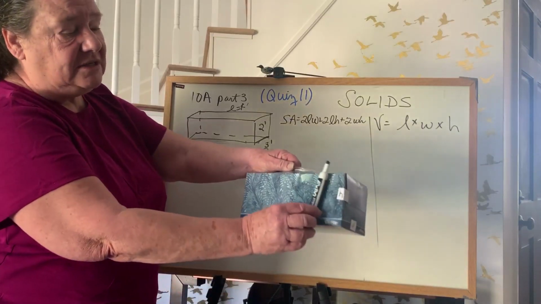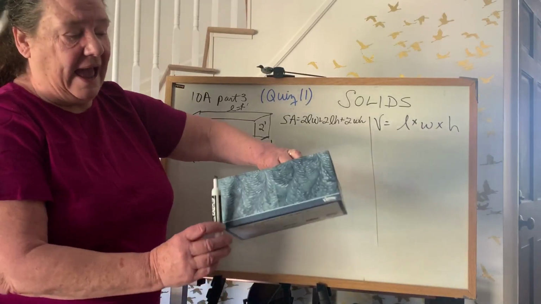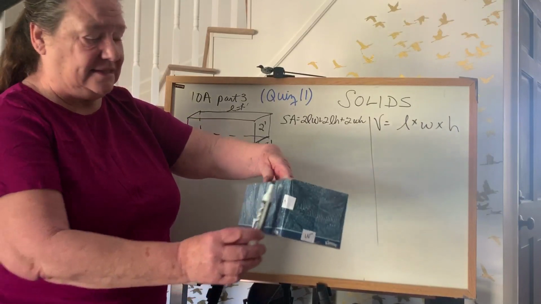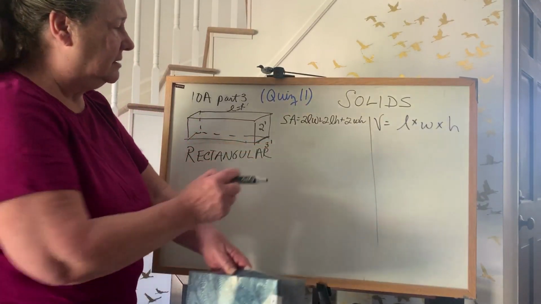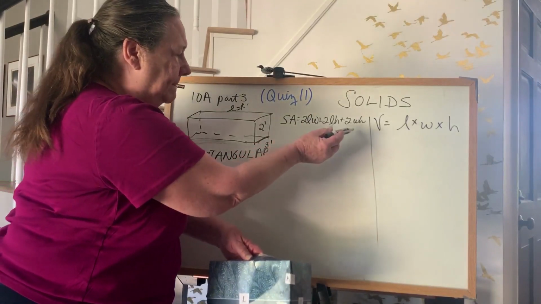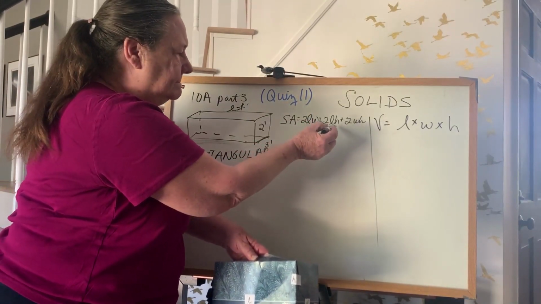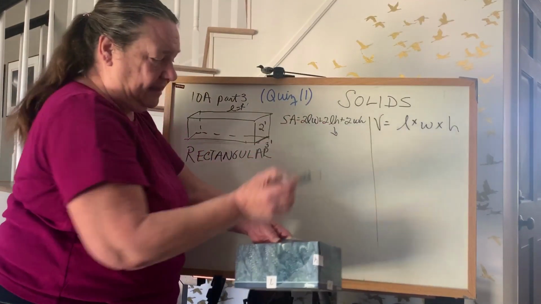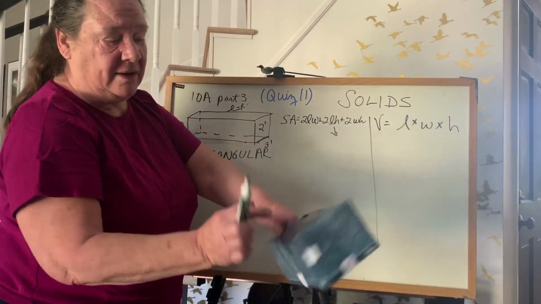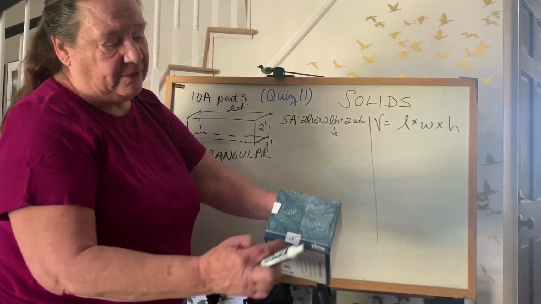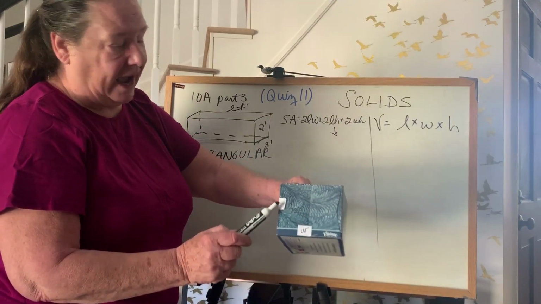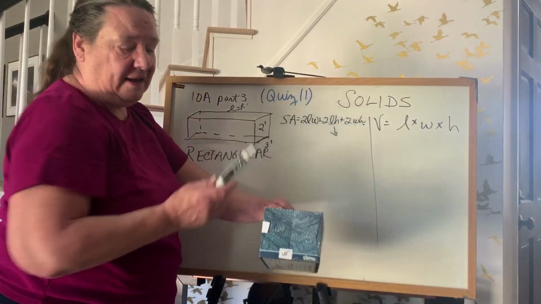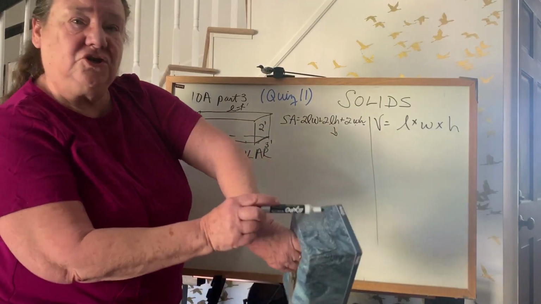So this side and this side are exactly the same. This is length times height right here, and there's 2 of them, 1, 2. And then we have to wrap this side, width times height, and there's 2.